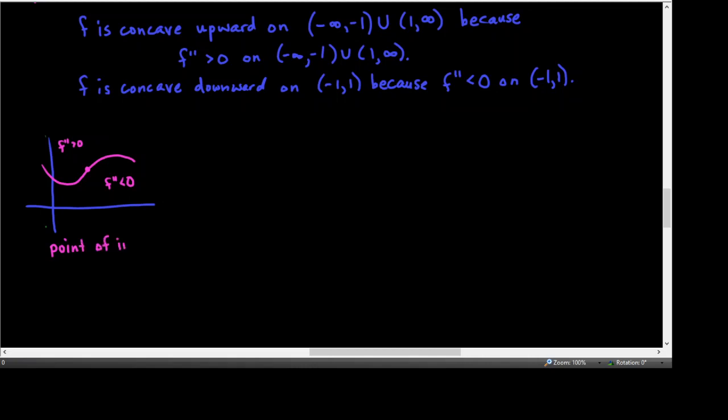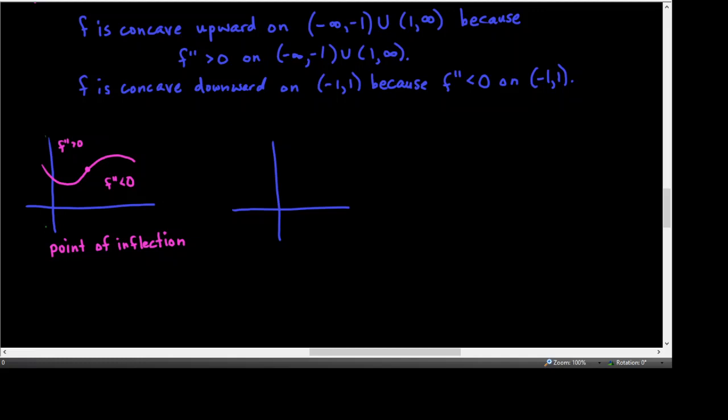And it doesn't matter whether it's changing from negative to positive or positive to negative. It's just a sign change in the second derivative at a point that exists on the curve. So it actually has to be a defined point on the curve. To be a point of inflection, there has to be a point on the curve.